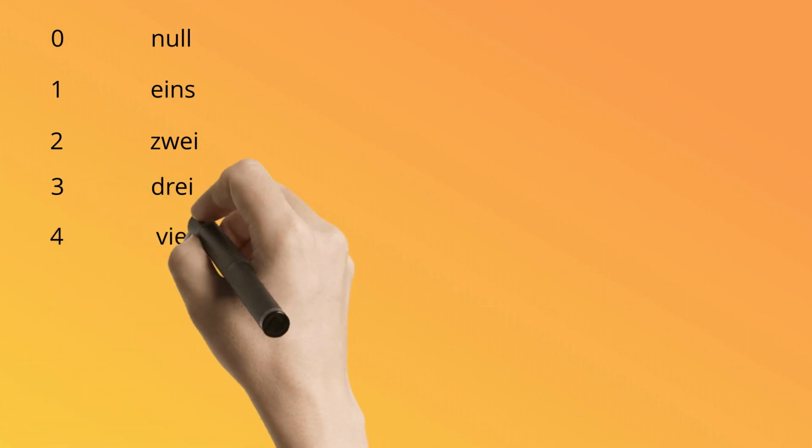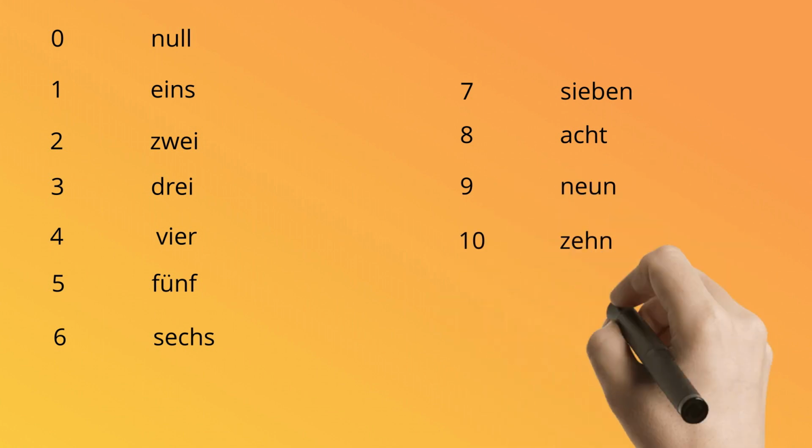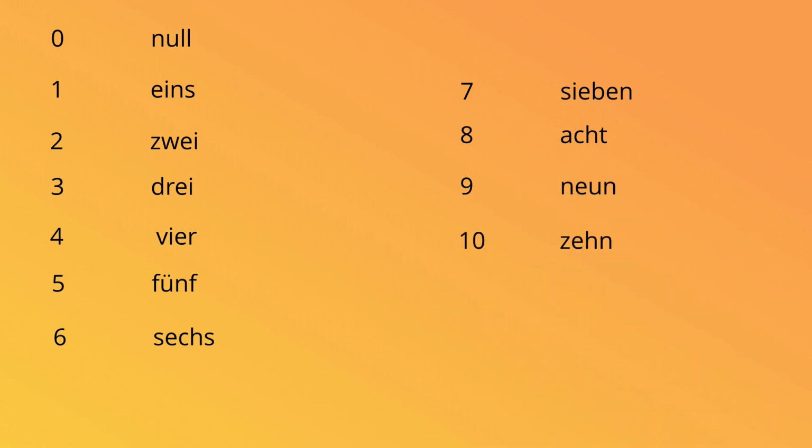0 is null, 1 is eins, 2 is zwei, 3 is drei, 4 is vier, 5 is fünf, 6 is sechs, 7 is sieben, 8 is acht, 9 is neun, 10 is zehn, 11 is elf, 12 is zwölf.